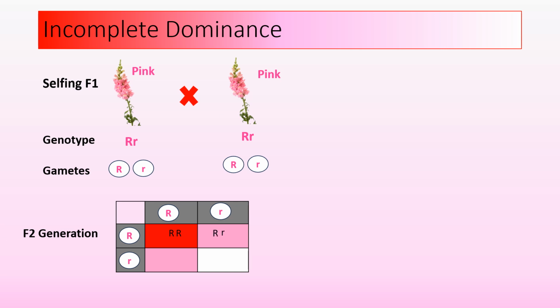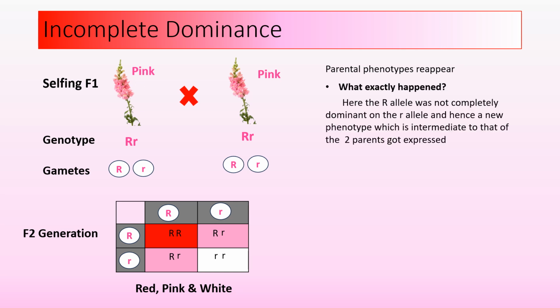Then we get capital R, small r, and the phenotype of these plants is pink. And finally, we also get small r small r, where the flowers are white. So in the F2 generation, we get red, pink, and white. All three phenotypes express themselves again in the F2 generation, which means that the parental phenotypes reappear.